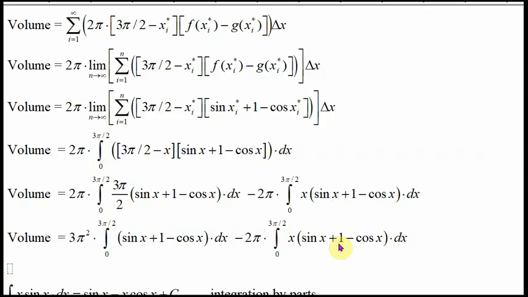Now integrating this part is simple. This is just the integral of sine of x and the integral of cosine of x. When we expand this, we get the terms x sine x and x cosine x.